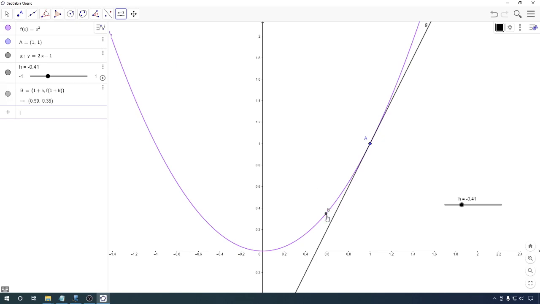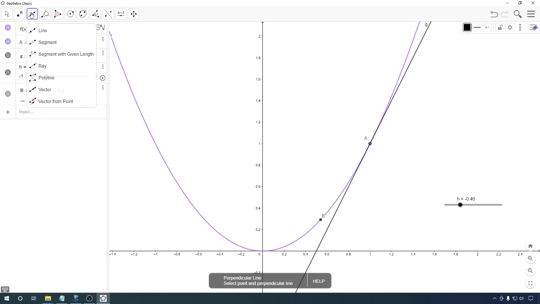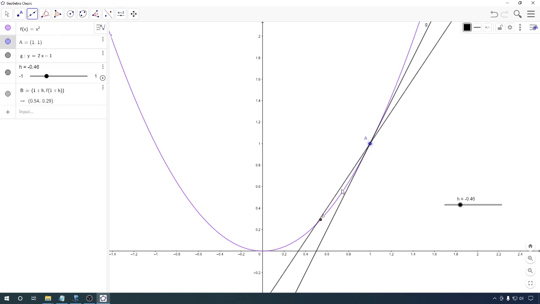And that gives me a point b. And the point of using a slider here is I can move that point around to my liking. So if h is -1, then we're looking at the point (0, 0), because, well, 1 minus 1 is 0. But we always get points on this curve. I'm now going to go ahead and connect A to that b.